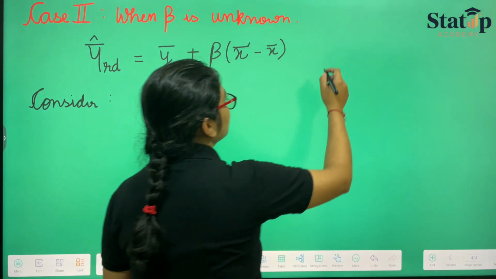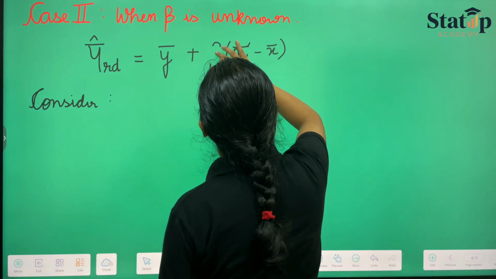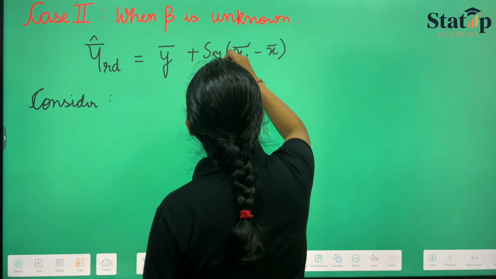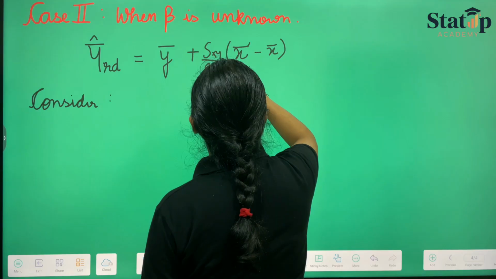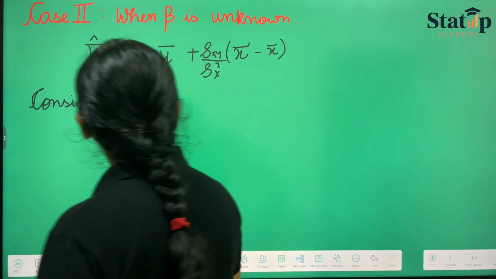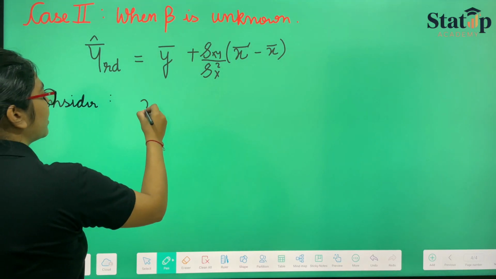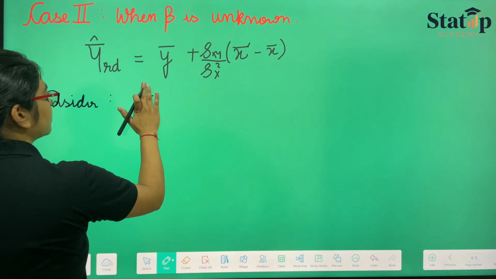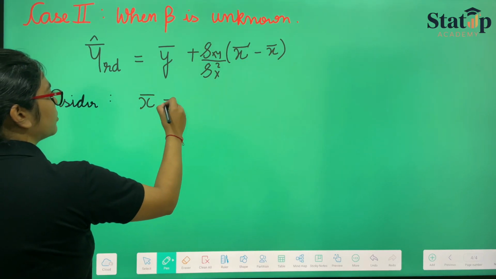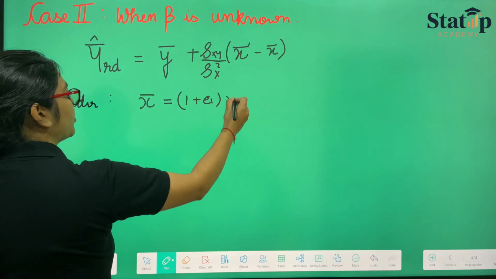We know that beta is nothing but Sxy upon Sx square, in small letters. So here we can say that let x bar equal 1 plus e1 times capital X bar.